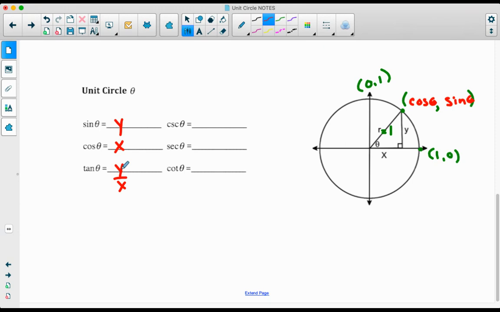Cosecant, what do we know about cosecant? It is the reciprocal to sine, so it is equal to 1 over y. Secant's reciprocal to cosine, 1 over x, and cotangent, the reciprocal of tangent, will be x over y. Okay. Those values, very, very important. They only apply to the unit circle.